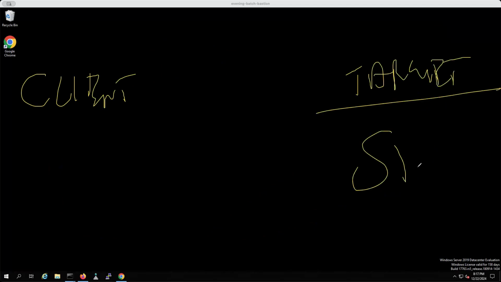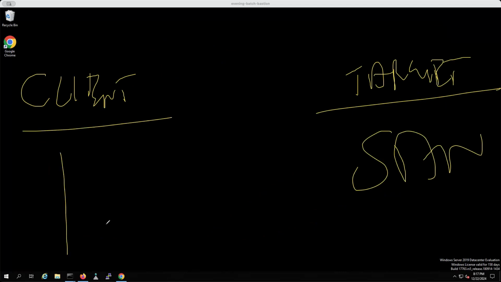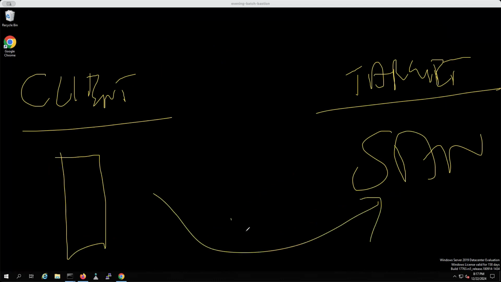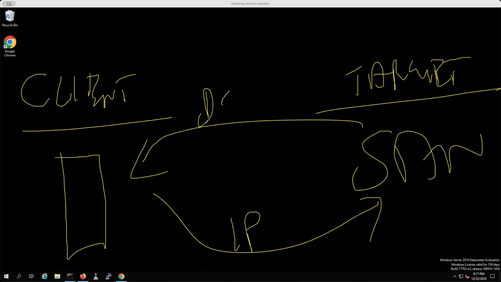Your storage becomes your target and your ESXi is your client. The ESXi reaches out to the storage over IP, gets the information of the data stores and the volumes, and then you present and create a data store. That is how the configuration looks.